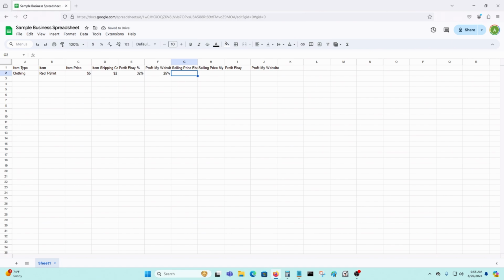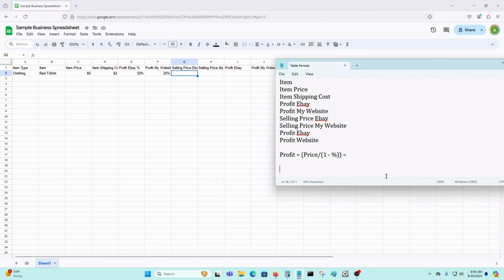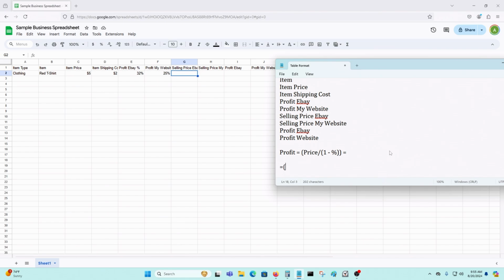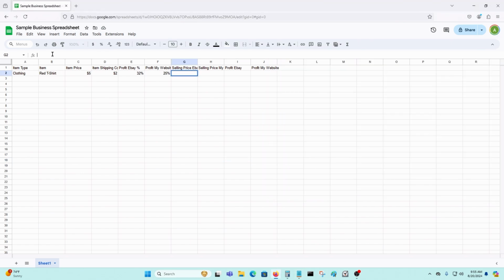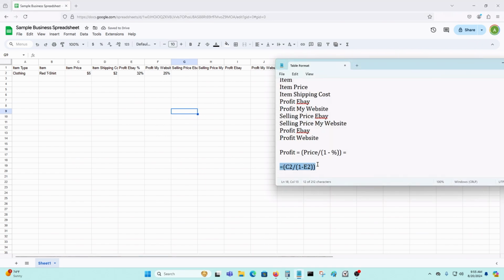Now we're going to figure out what the selling price is. C2, that's the price, divided by 1 minus F2. Let's see if that works first. Okay, good. If we put percentage, it does that automatically. We don't have to use any type of fractions, which is nice.